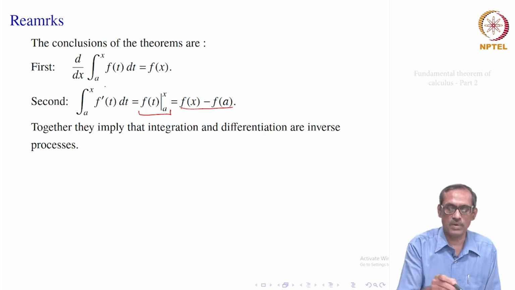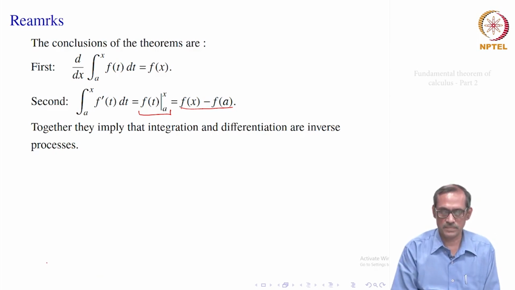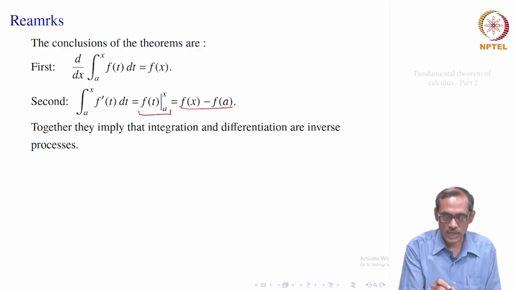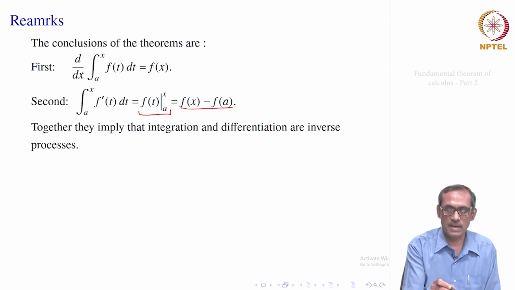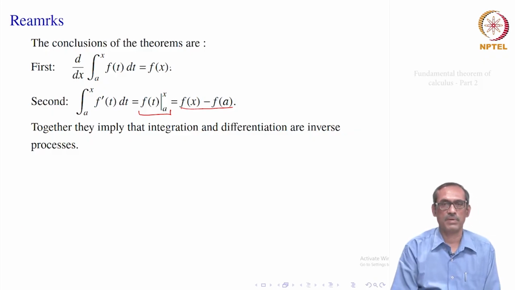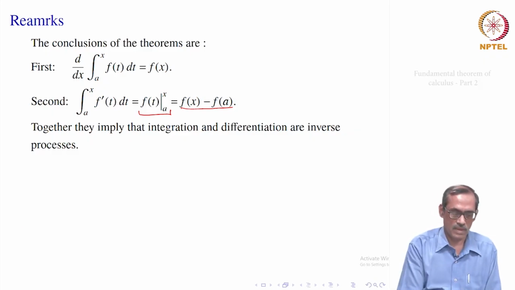These two things we have got from the two fundamental theorems. Now you can see together they imply that integration is really the inverse process of differentiation. You would get the integral of the derivative is f(x) up to a constant, and the derivative of the integral a to x is equal to f(x).